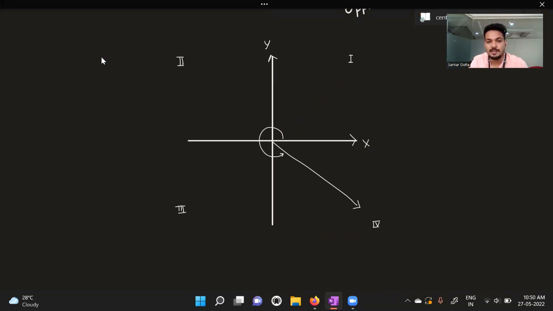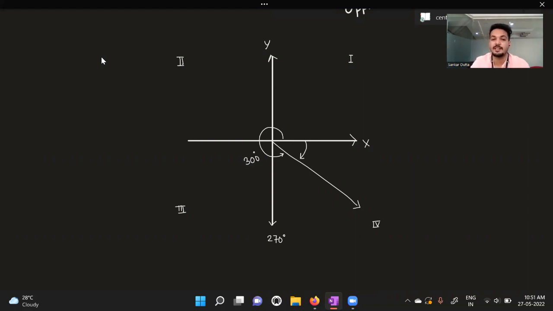So this will be greater than 270 degrees, because the negative y-axis is making an angle of 270 degrees. So if the angle is in the fourth quadrant, it is going to be greater than 270 degrees. But it can also be represented as minus of this angle, right? For example, let's say this is 300 degrees, just an example.